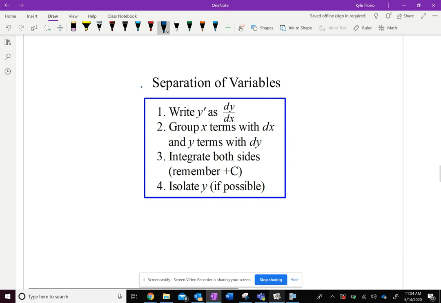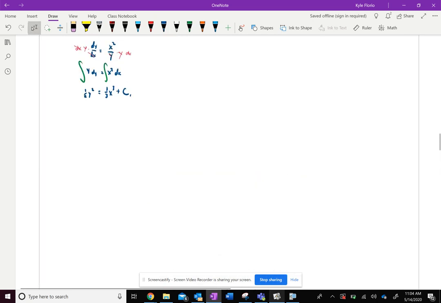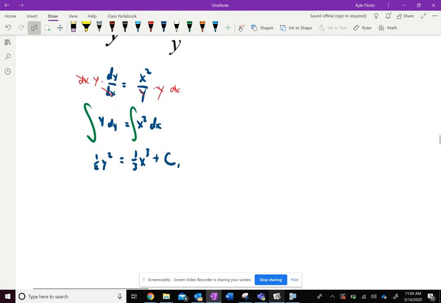So isolate y if possible. We've done step 1. We wrote it as dy dx. We grouped the x's and y's on each side. We integrated, and now we need to isolate y. So if I multiply both sides by 2, that's fine. I'm going to have y squared equals 2/3 x cubed plus 2c2. If I multiply a constant by 2, it's still some constant, so I'm just going to call it c2.